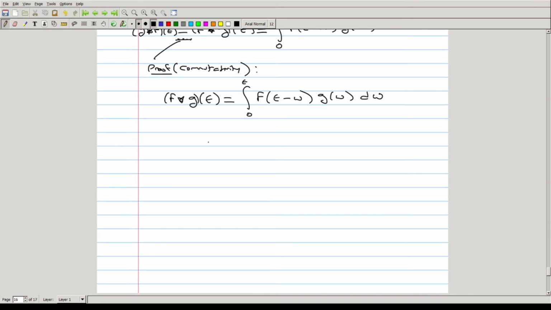If we introduce the new variable t minus w equal to u, then dw is equal to negative du.